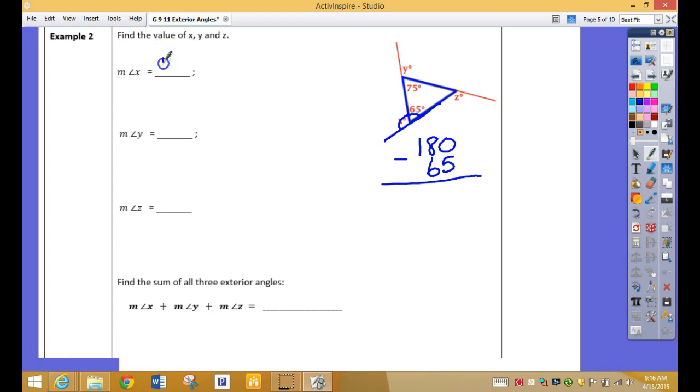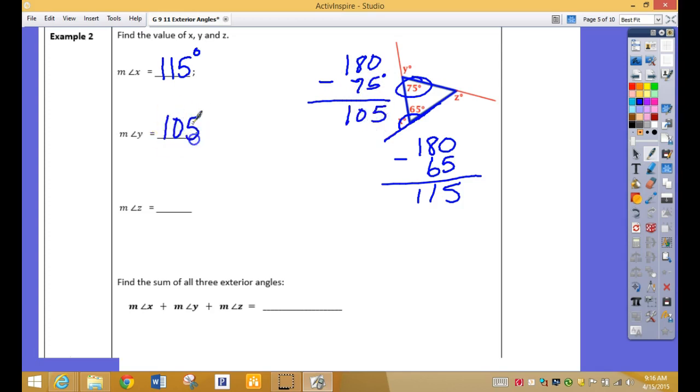So angle x then would be 115 degrees when you subtract. Now let's do y. 180 minus 75 degrees, you end up with 105 degrees for y.